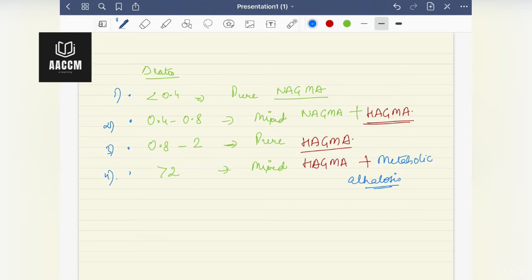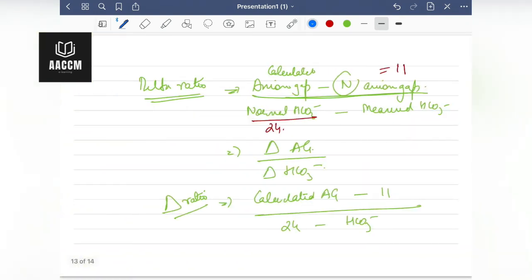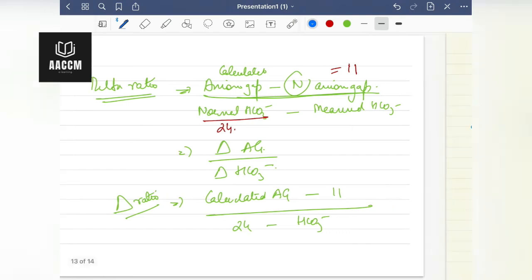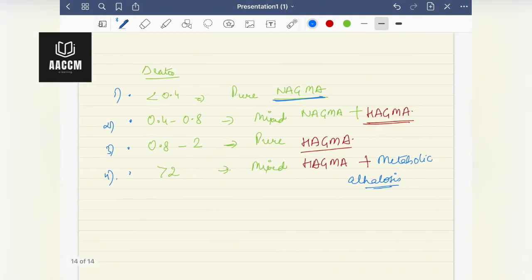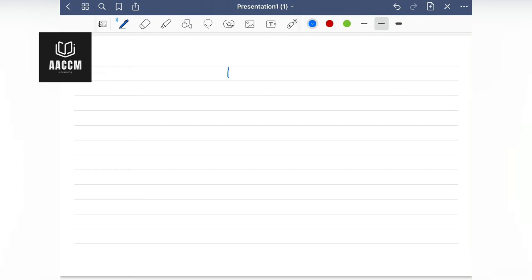Now, let's take the first example, that is normal anion gap metabolic acidosis. Coming back to the formula, let's say the calculated anion gap here is 12. The normal is taken as 11. The bicarbonate is again normal.